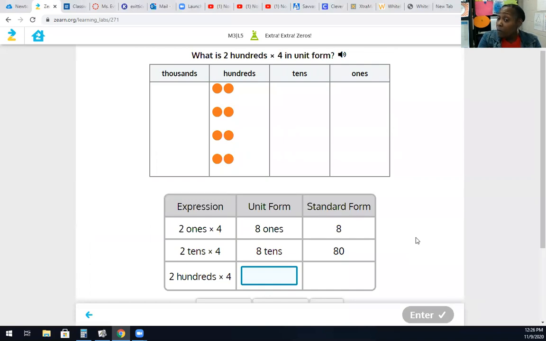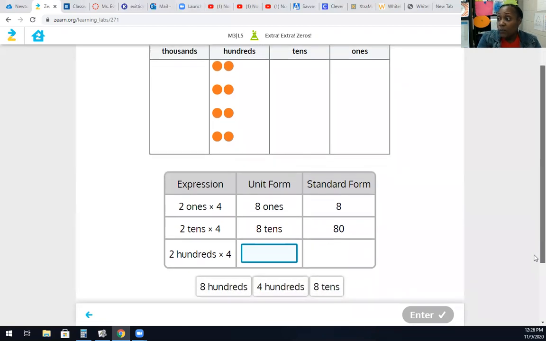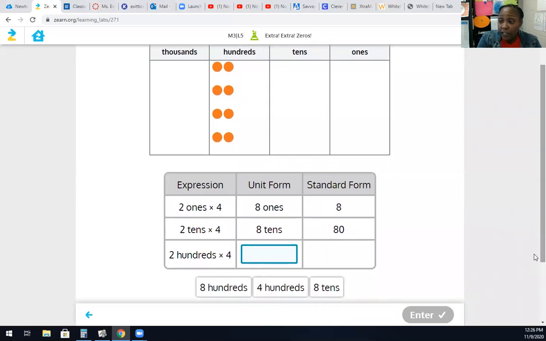Okay, now remember what we did before. What do you think we have to do now? If it's asking us to show this expression in the unit form, it is 2 times 4, which is 8 hundreds, right? We didn't write the number yet.